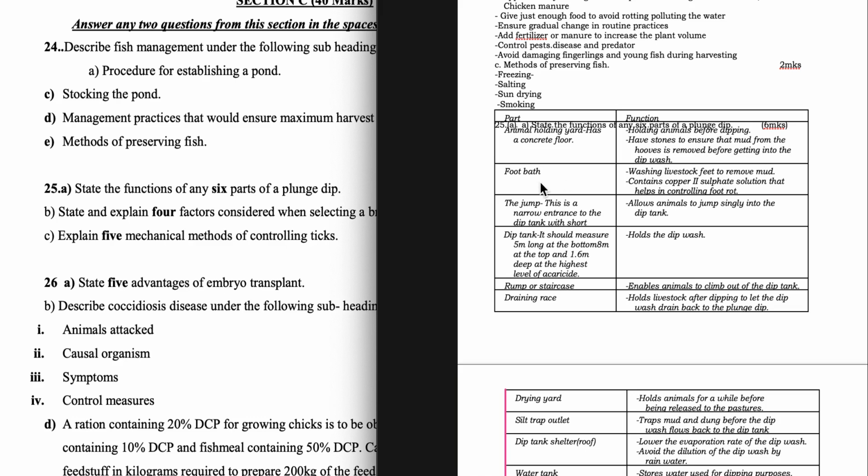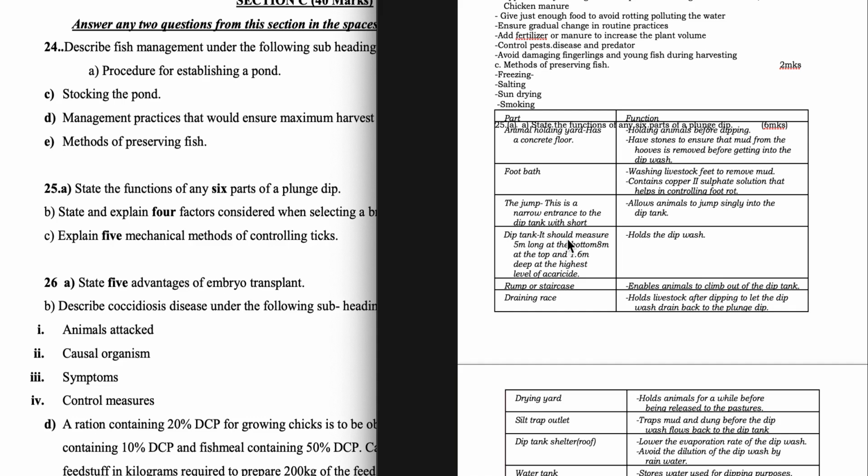Then we have a foot bath, washing livestock feet to remove mud, containing copper sulfate solution that helps in controlling foot rot. The jump. This is a narrow entrance to the dip tank with a chute. It allows animals to jump singly into the dip tank.